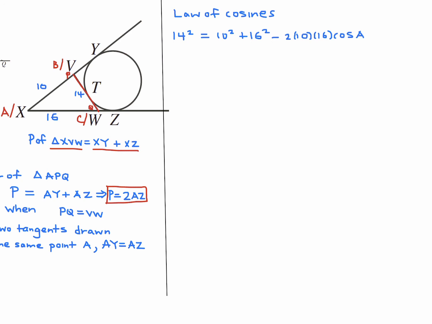And if I bring everything over, 320 cos of A is equal to 100 plus 256 minus 196. And this is 160 all over 320, which is the cos of A. And therefore A, in terms of the angle, will be 60 degrees. All right, so that's a very important point in this solution.